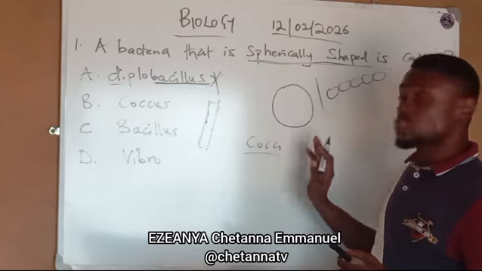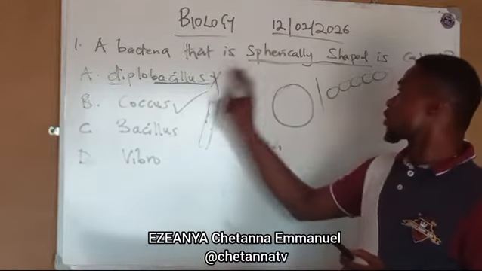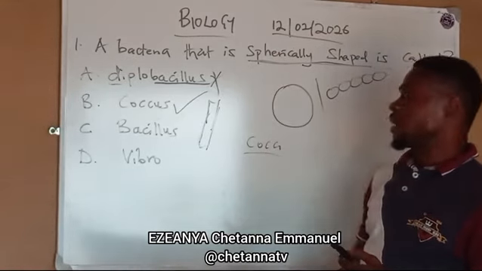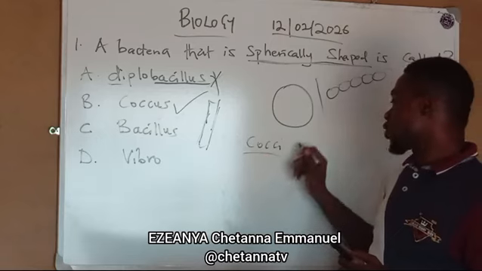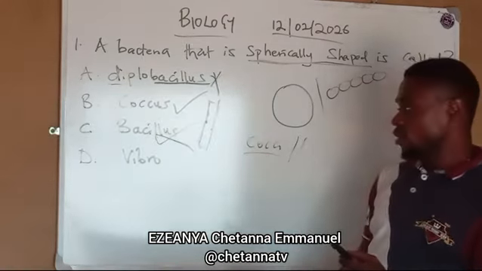Coccus, I have explained coccus before, so I'll pick this answer. Coccus, spherical. Bacillus, I've said that bacillus is rod-like, so the answer is not bacillus.